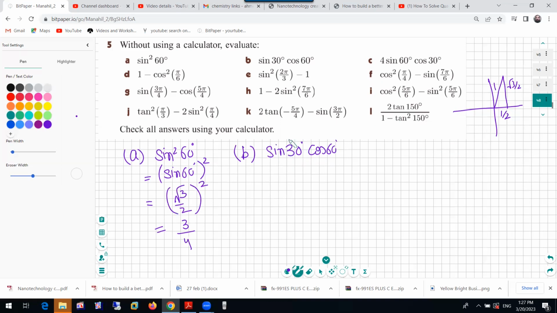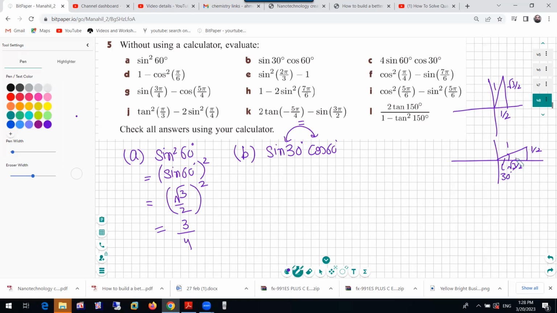So both should be equal. Sine 30 must be equal to cos 60. So we can find either value. If we find sine 30, the 30 angle is this. So this must be half, and this must be square root 3 over 2, and this is 1. Got it? This is for the 30 degree.